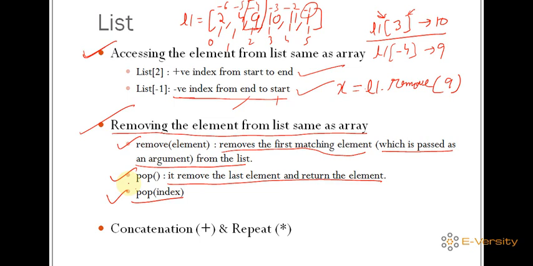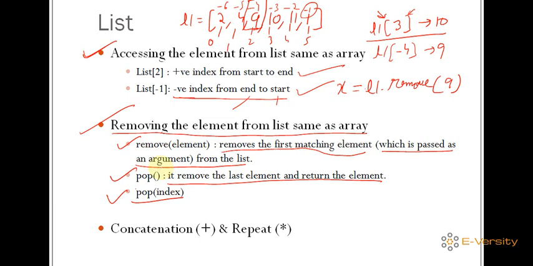If you want to remove the element at position 4, you can use pop with the index. So all three work for different purposes. If anybody asks which one is fast and which one is slow, there is not much difference in timing or execution. The major factor is that all three are used for different purposes.